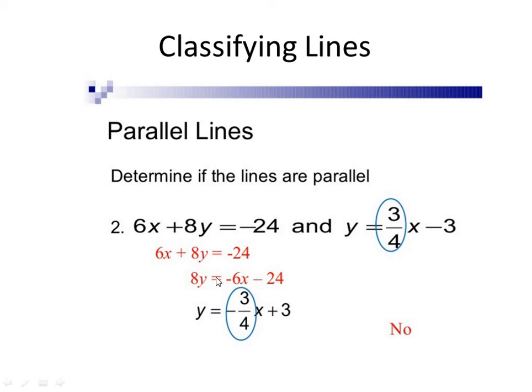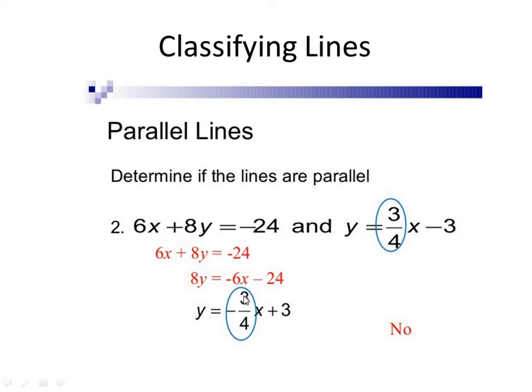Then I divide both sides by 8, and I get y equals negative 6 over 8 x minus 24 over 8. The intercept I don't care about, because if they were the same it would be the same line, so of course they are not the same, and I will just look at the slope.